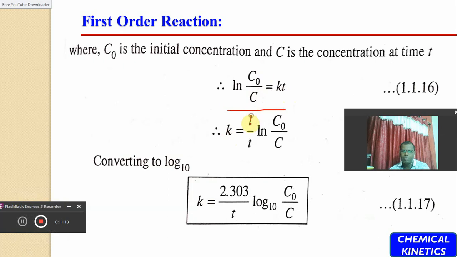Therefore k is equal to 1 upon t into ln of C0 upon C, where C0 is the initial concentration of reactant at time t equal to 0, and C is the concentration of reactant after some time t. Again we can convert this natural log to base 10 by multiplying by 2.303, and we simply get k equal to 2.303 upon t log to the base 10 of C0 upon C.